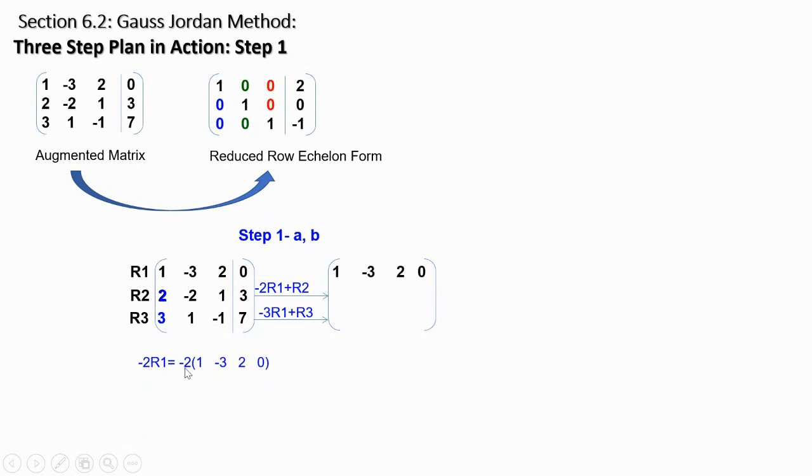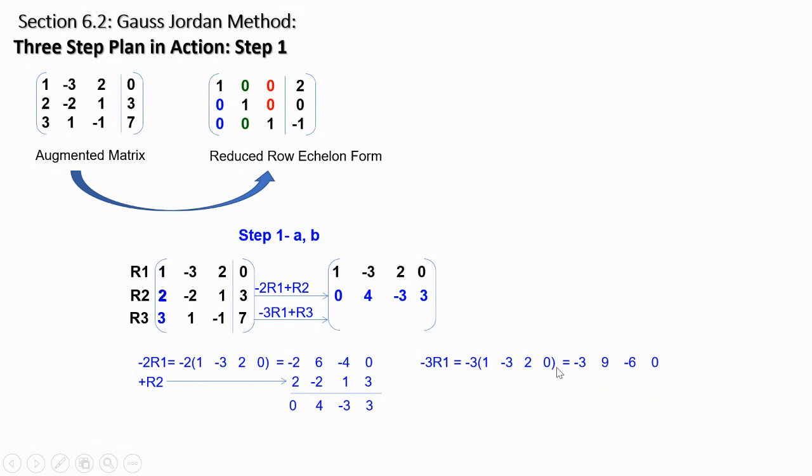And here's my work. -2 times row 1 gives me -2, 6, -4, and 0. Then we add it to row 2, which was 2, -1, 1, 3, and there it is. If we add them, we get 0, 4, -3, 3, and this is my new row 2. I repeat the process for row 3. -3 times row 1, which is 1, -3, 2, and 0, you see I got it from here.